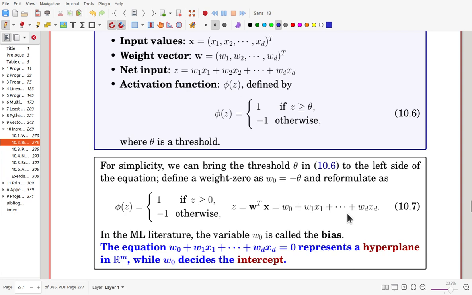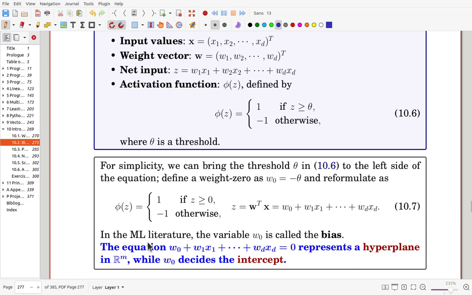Because it is moved to the left-hand side, rather than theta we use 0, so that for activation, once Z is larger than or equal to 0, the activated value is 1, otherwise -1.